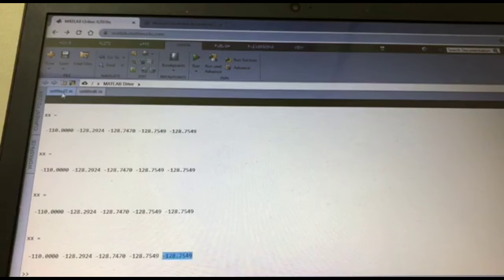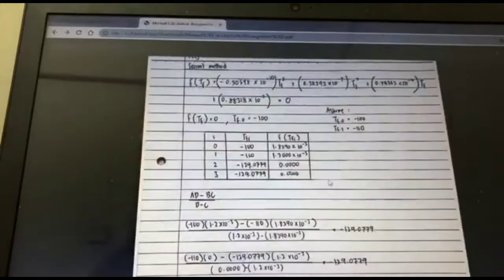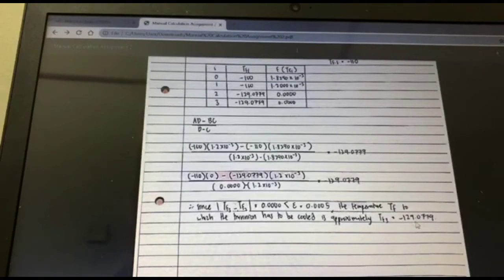128.7449. Actually, the final answer is negative 129.70779. It's quite different between the simulation and the manual calculation, but this is the reason why it happened.